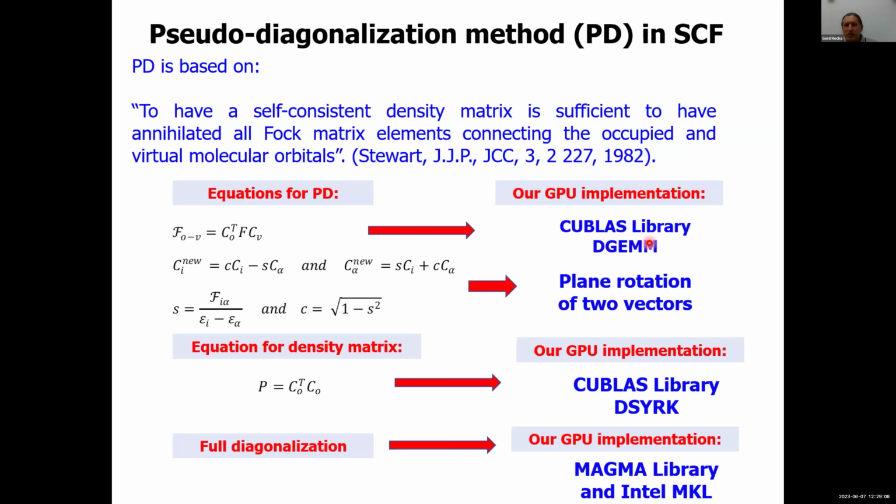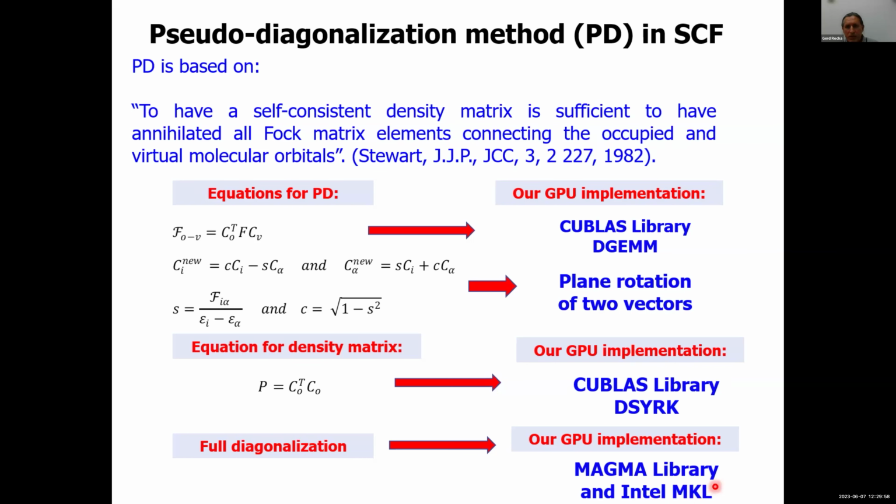And we use the cuBLAS GEMM subroutine to do this type of linear algebra operation, and a new code to rotate two vectors in this type of operation. And in some iterations of the pseudo diagonalization method, you have to do a full diagonalization, and we use the MAGMA library and Intel MKL.